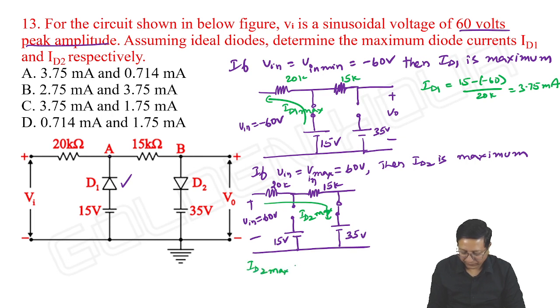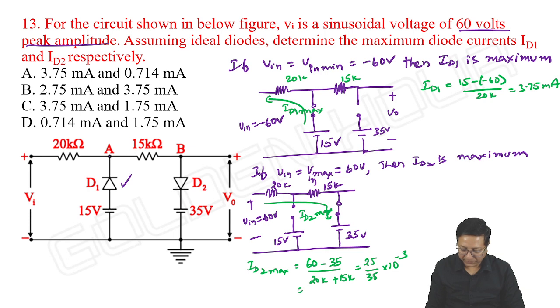ID2 max is equal to 60 minus 35 by 20K plus 15K, which is 25 by 35 into 10 power minus 3.